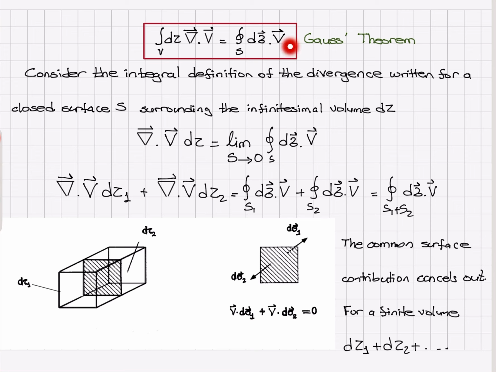So this result is known as Gauss theorem, and it's basically based on the fact that for each of the neighboring differential volumes that I consider making up a finite volume, the common surfaces' contributions cancel out in the integral of d sigma dot V because of the normal vectors pointing in opposite directions, and the dot products with the vector V will add up to 0.